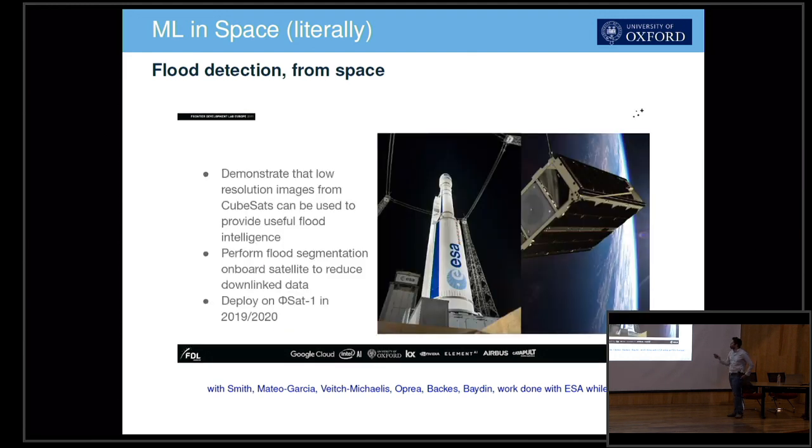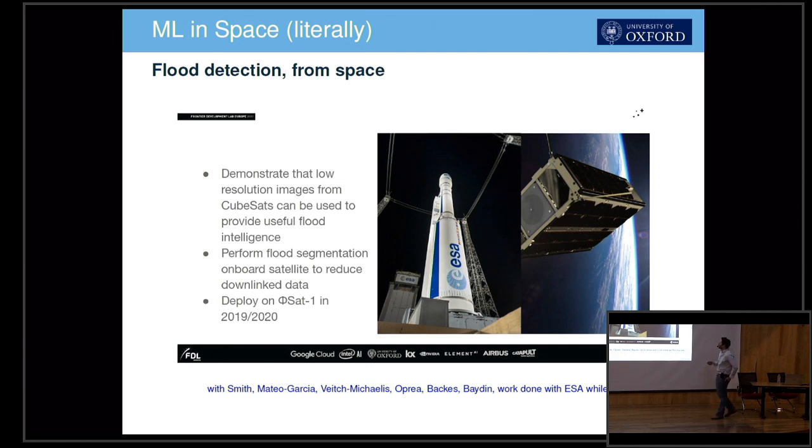So in this project, we looked at how we can take these huge segmentation models we talked about before, compress them, do pruning, and get them to a point where they can run on an actual embedded device on the satellite, showing that we can get trustworthy segmentation of flooded areas from CubeSats that could be used for flood intelligence.